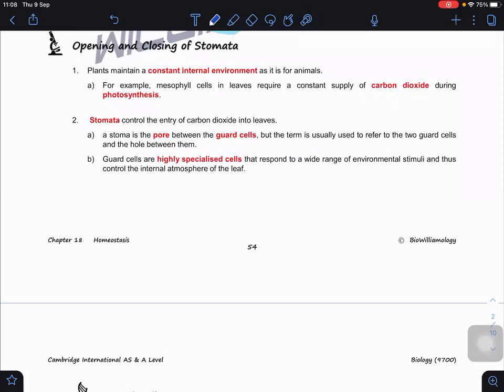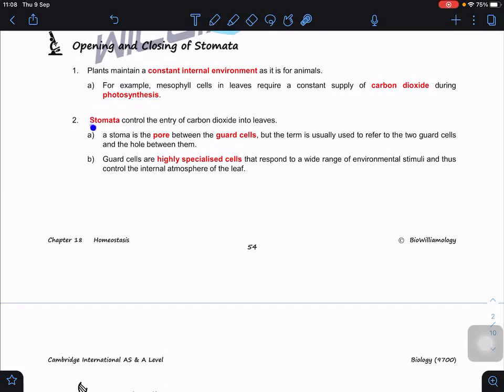First of all, we do know that plants have to maintain a constant internal environment, similar to animals. In order for them to carry out photosynthesis, they need a constant supply of carbon dioxide. And what controls the entry of carbon dioxide into the leaf?